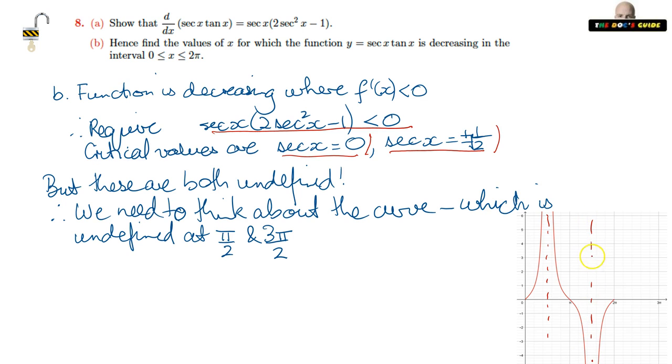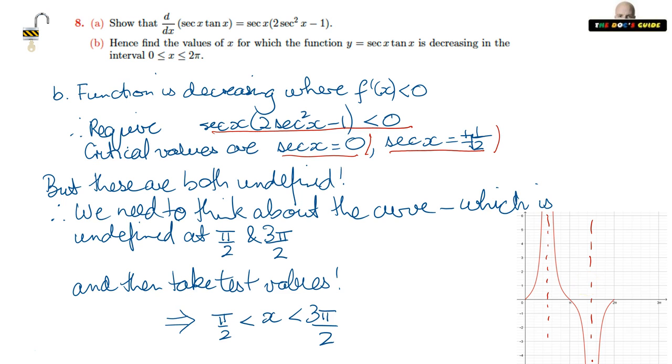So in the domain that we want, that means that the curve is undefined at pi on 2 and 3 pi on 2. And then really, to see what's happening in between, we just take test values. So what we can see is that the curve is decreasing in between those two asymptotes. So pi on 2 less than x less than 3 pi on 2.